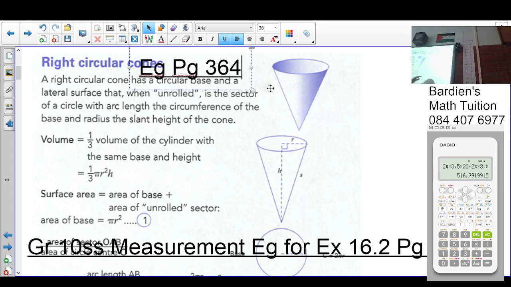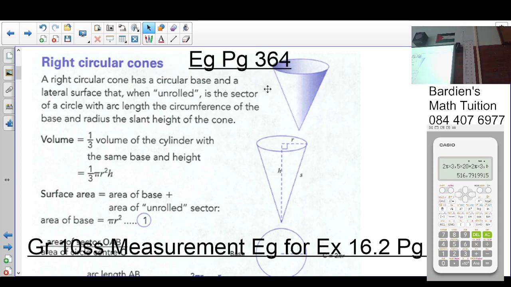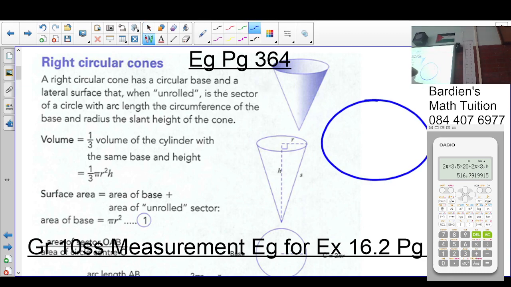So here we are talking about the right circular cone, which has a circular base and a lateral surface that, when it's unrolled, is a sector. So what is a sector? It's part of a circle. Looking at the circle, you take the area of a circle that is divided by 2 radii.